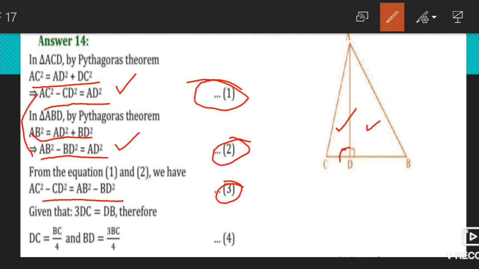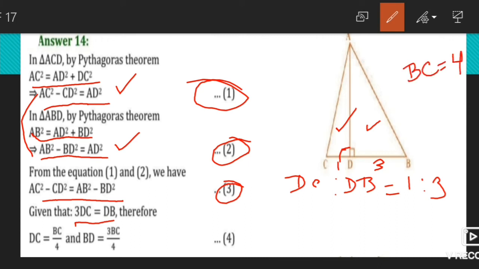Now it is given that 3DC is equal to DB, or DC is to DB is equal to 1:3. That means this part is 1 and this part is 3. So you can say that the whole BC will be 4 equal parts.